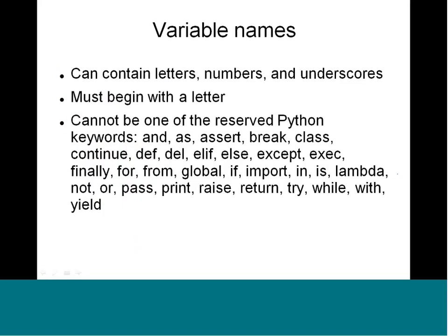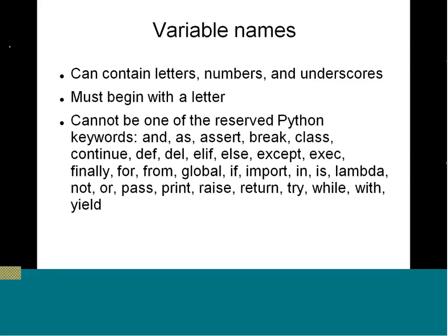So how do we define the variable names? The variable names can contain letters, numbers, and underscores, but it has to begin with a letter, and that's how Python identifies a variable name. It also cannot be one of the reserved Python keywords.